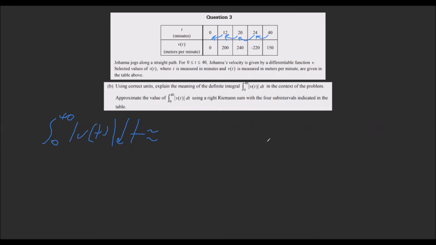Okay, now we have to actually solve the Riemann sum. So the y value at this point is equal to 200 times 12 plus 240 times 8. And the reason it's 8 is because that's the distance between this interval. So I guess I'll draw this out one more time. Imagine this point here is 12 and this is 20. And this is 200 and this right here is 240.